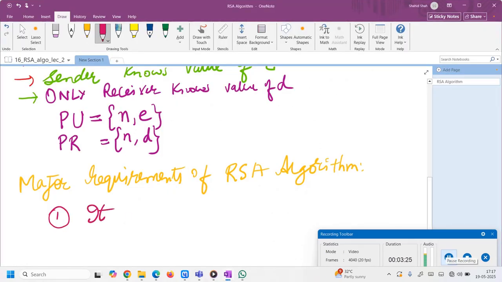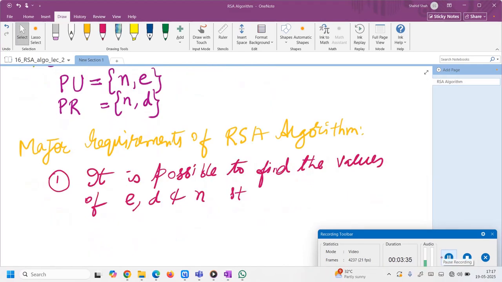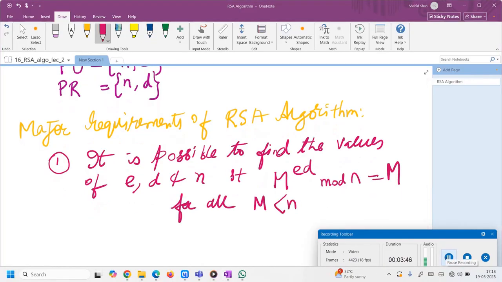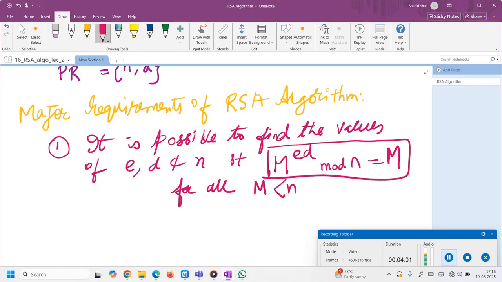It is possible to find the values E, D, and N such that M to the power ED modulo N is equal to M for all values of M which is less than N. So we have already defined that this N is actually an upper bound in terms of the block size of the plain text.